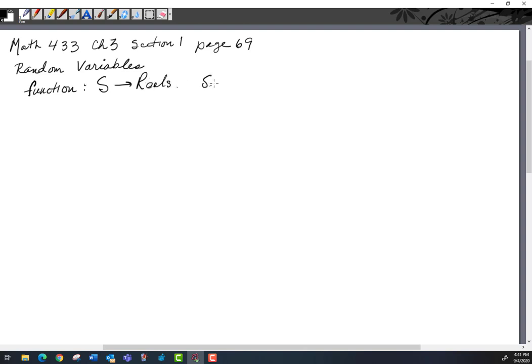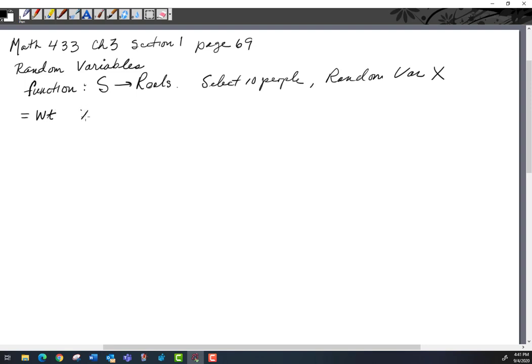So if the experiment is to select 10 people, then my sample would be the people selected, and a random variable x could be the weight of a selected person.